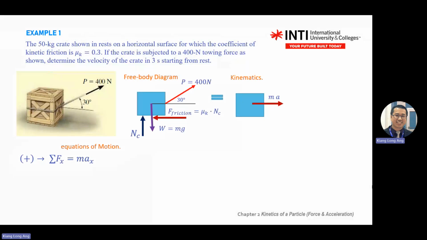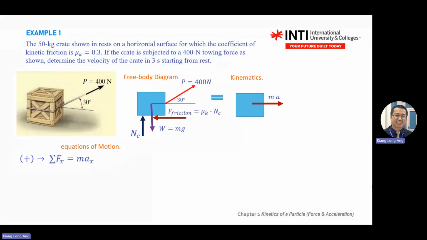So this is the first equation. Second equation for Y direction: N goes up, positive; W goes down, negative. Positive and negative are important: motion going up is positive, going down is negative. So N minus W. Then what else?